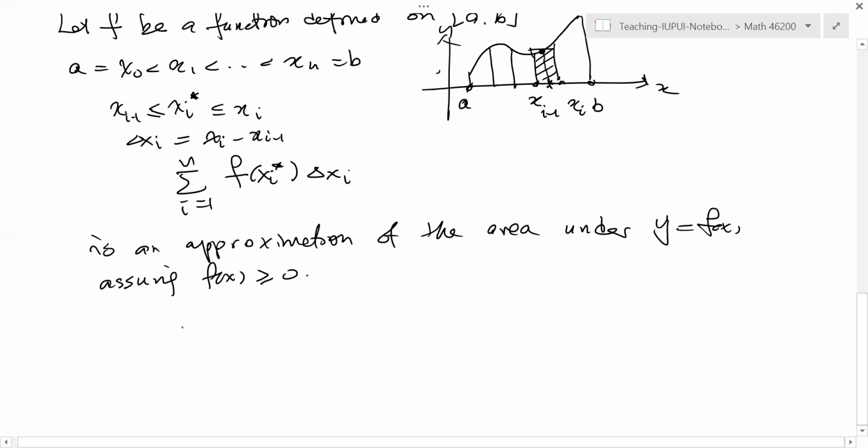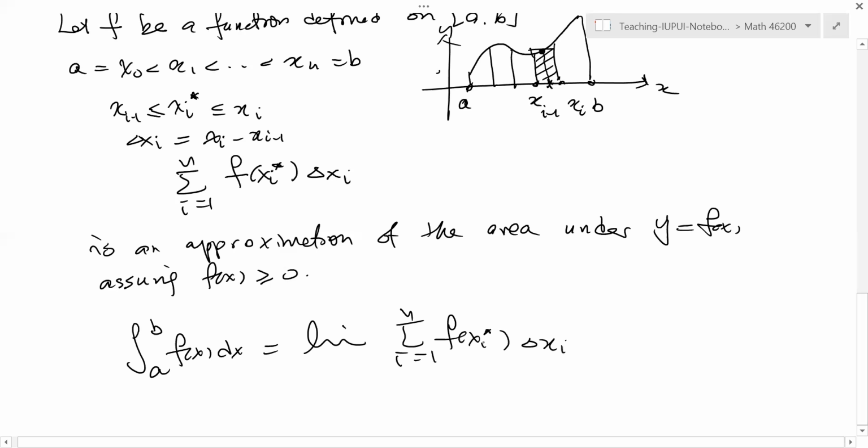In general, if the function is not necessarily positive, then the integral is a limit of those sums, regardless of the partition, as long as the size of the subintervals approaches zero.